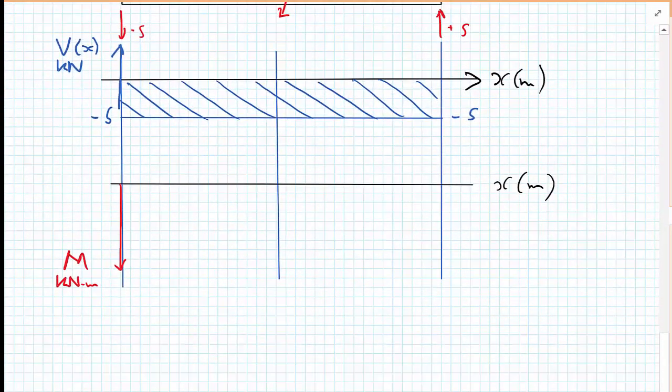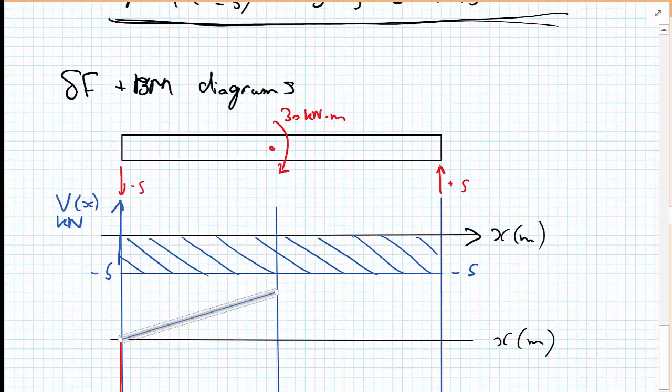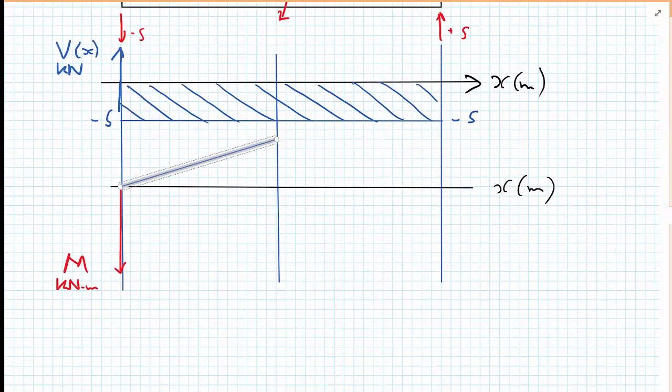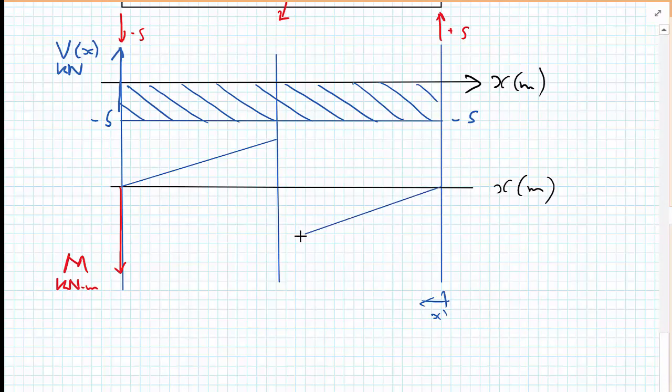So a negative slope in x needs to go upwards in this case, and on the right hand side we had a positive slope in x dash. X dash, remember, was going in this direction, so we draw x dash, and then finally shading the diagram.